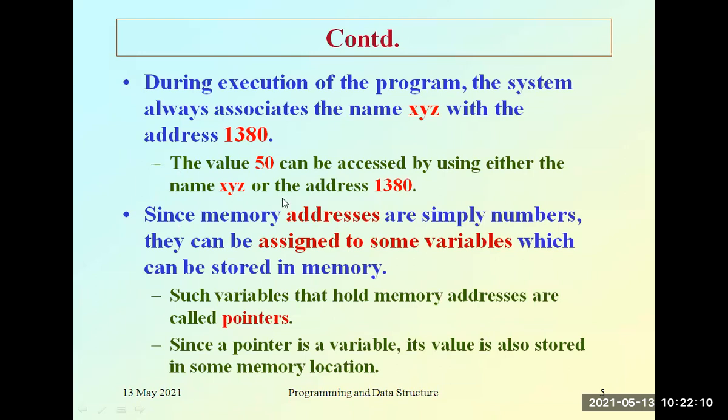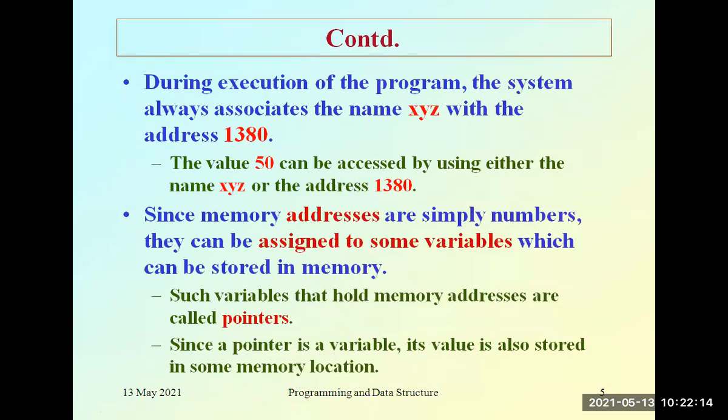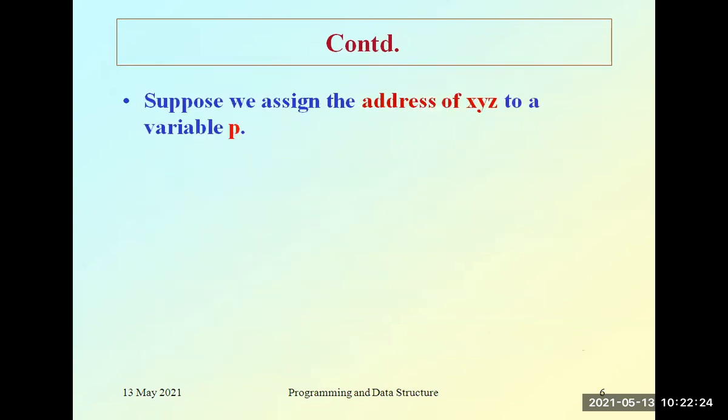Okay, next, see here how we initialize the pointer. Suppose we assign the address of xyz to a pointer variable. How do we represent that? P equal to ampersand xyz.